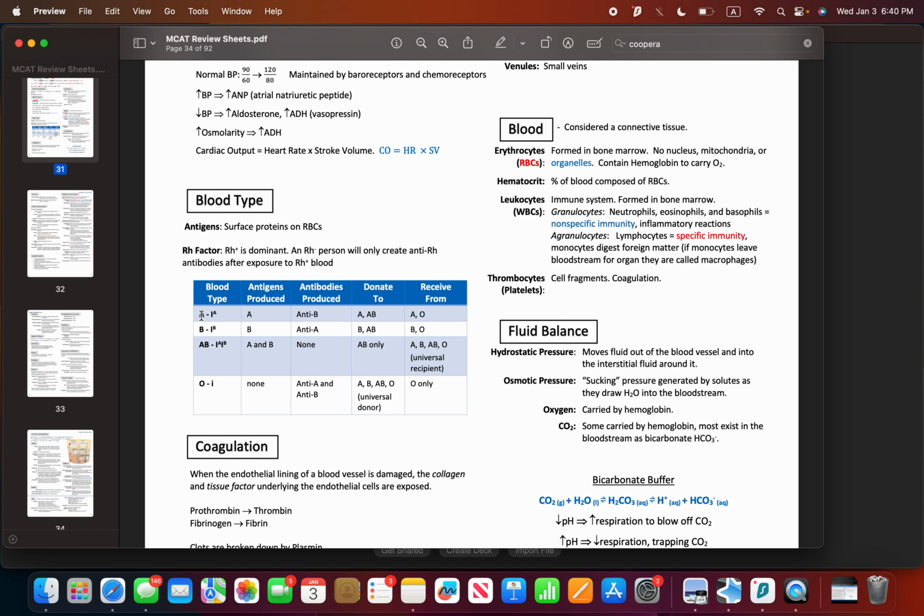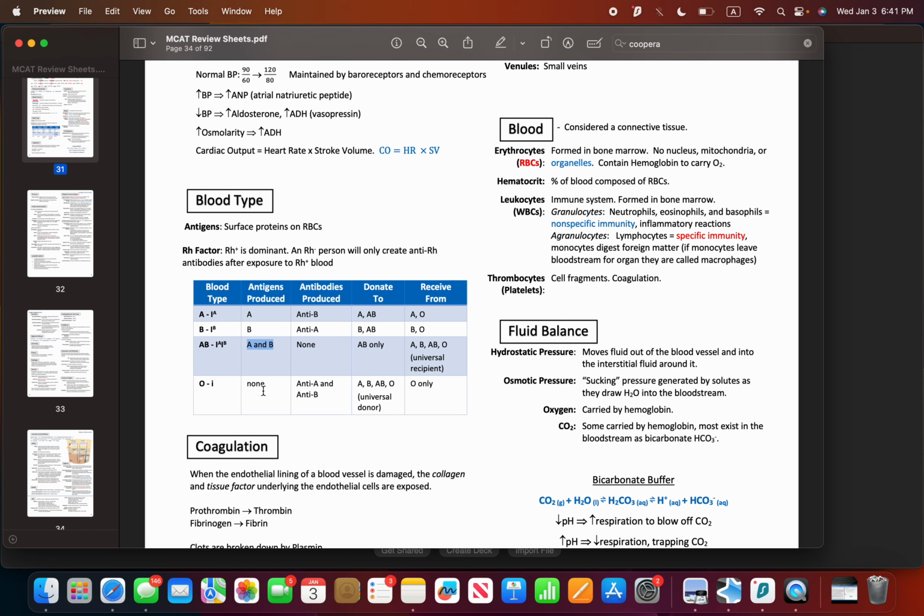For example, the A blood type, because AB individuals have A and B antigens, they cannot donate to the A person because the A person has anti-B antibodies, so it will be against the antigen on the AB, and the same for the B person.